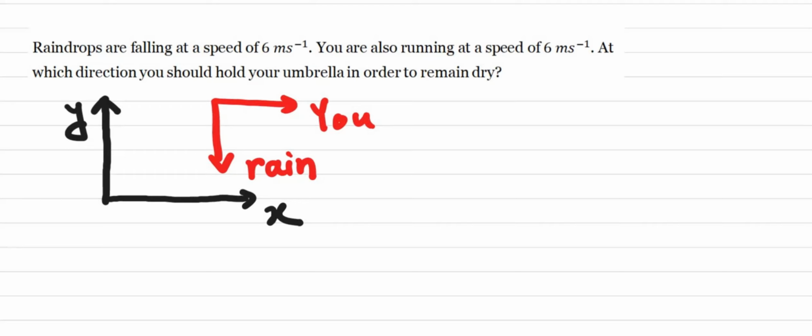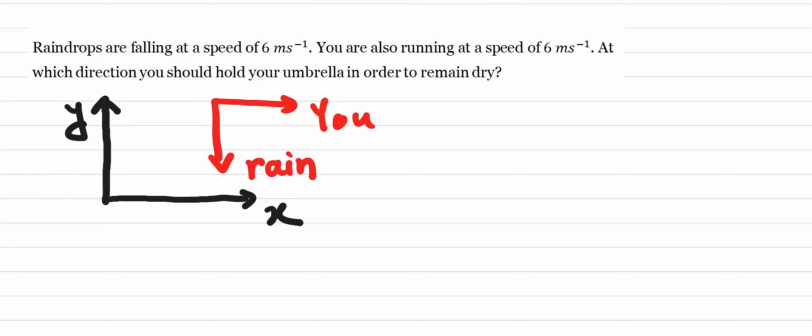The umbrella should be held in a direction which opposes the direction of rain. So this is basically asking what the relative velocity of rain should be so that your umbrella is directed opposite to the rain.